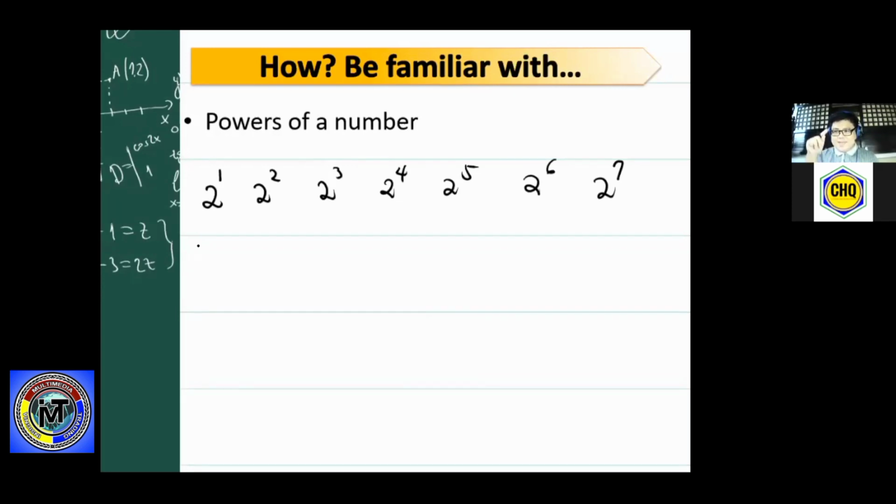When you combine, 1 plus 1 becomes 2, then 2 plus 2 becomes 4. So that's 2, then 4. 4 plus 4, then 8. Then 8 plus 8, that is 16. 16 plus 16, that is 32. 32 plus 32, that will be 64. Then 128. Then 256.